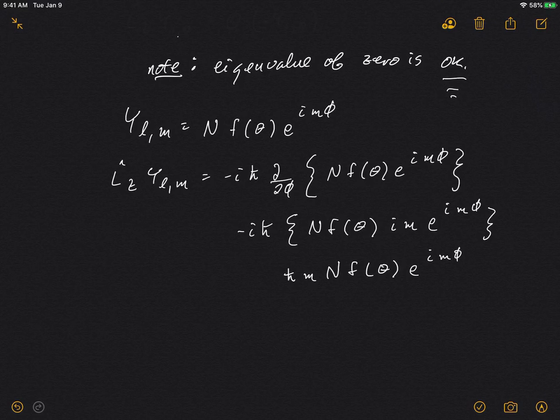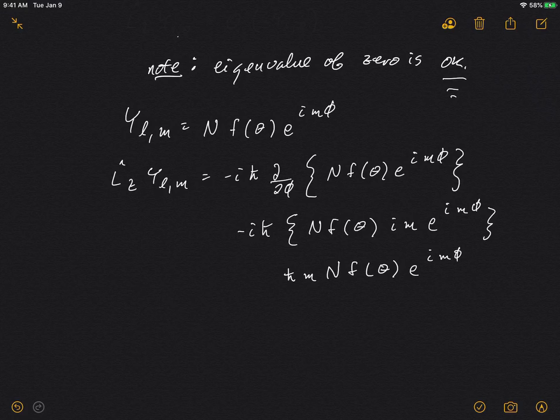Okay, so what's the eigenvalue here? If we look at the definition of eigenvalue, you act an operator on a function, you get back the same function times some collection of constants, and that collection of constants is the eigenvalue.